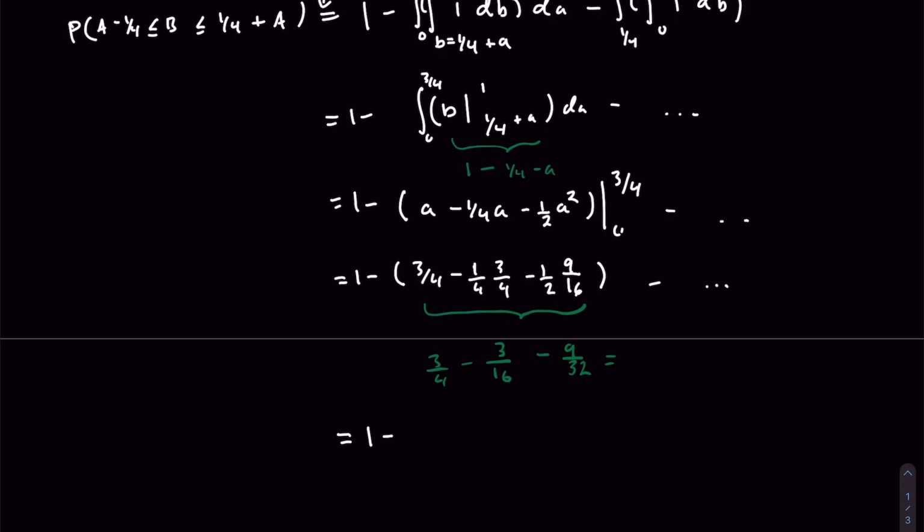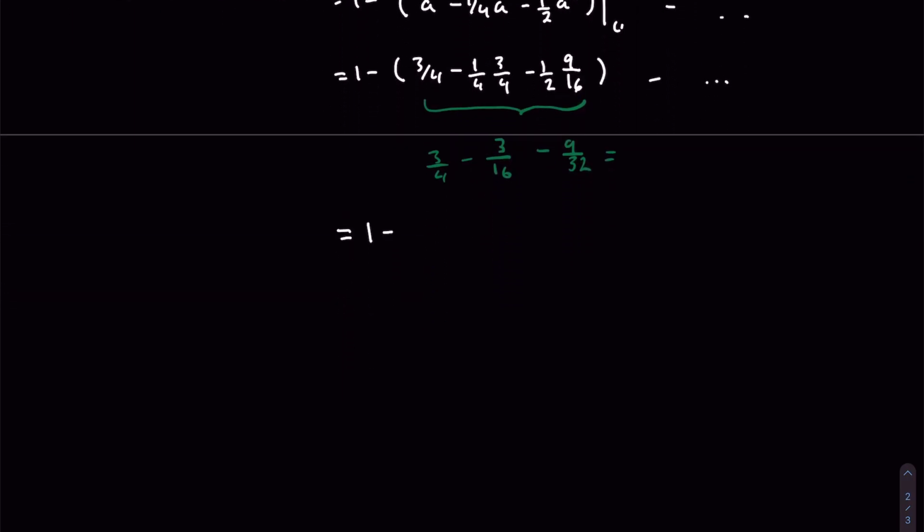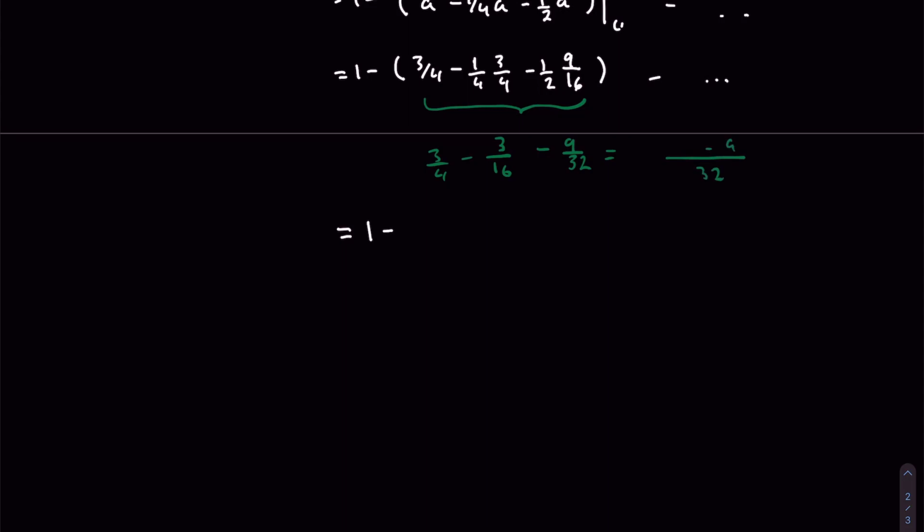Just checking so everything looks correct. Okay. So to make this 32, and then we have minus 9. Here we have to take times 2, so this becomes a 6.